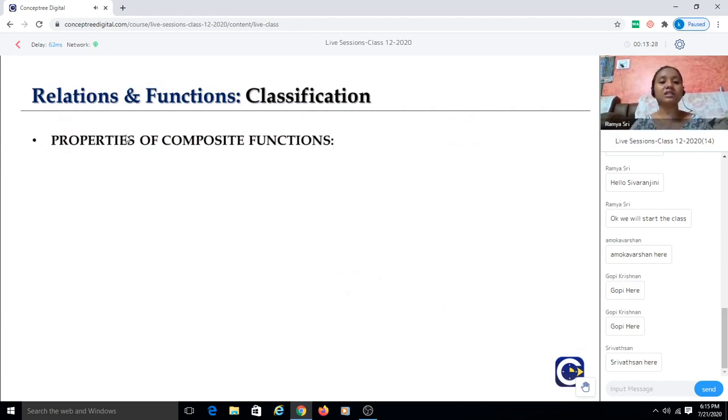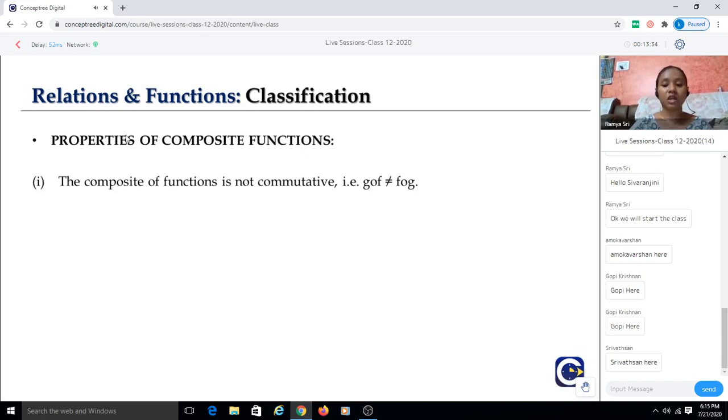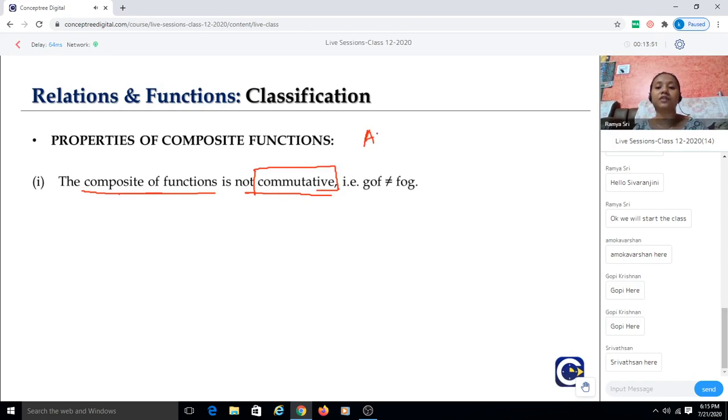So now let's see a few of the properties of these composite functions. The first property is that the composition of functions is not commutative. So what does our commutative law state? It states that, for example, if you have AB, it will be equal to BA.